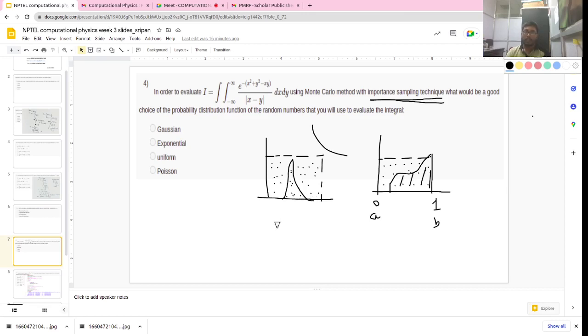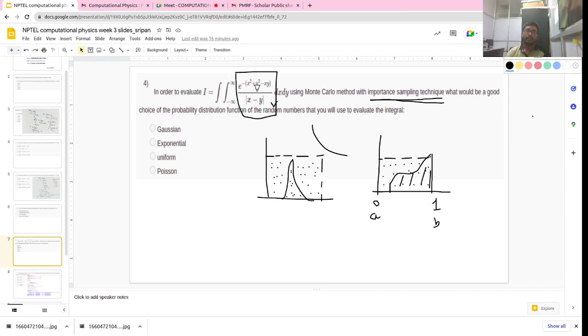So in the importance sampling technique, you have to take a particular distribution function which will be like your given integrand.